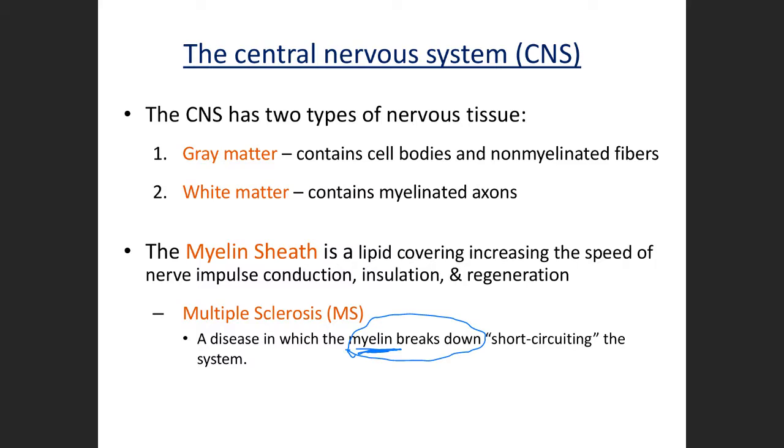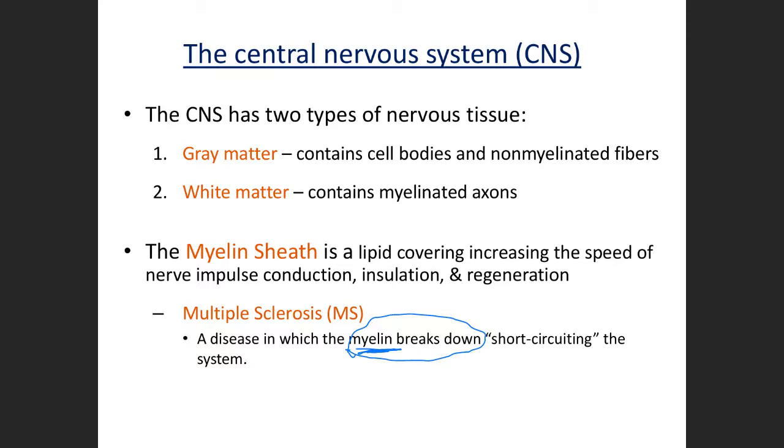And as you know, if myelin increases the speed of impulses and helps with regeneration and also helps with your insulation, then if you're losing your myelin, those nerve impulses are going to be very, very slow. And they're not going to be as insulated, which means you might tend to lose some of that action potential or some of that impulse.